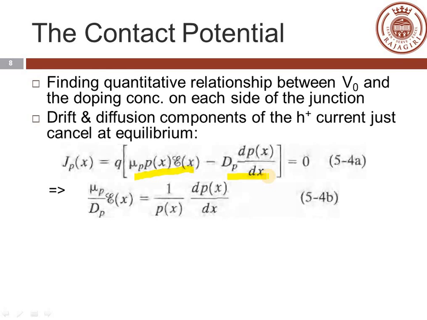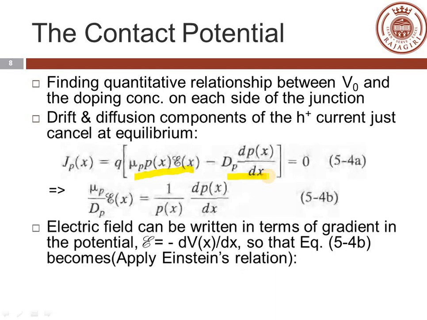So we can rearrange equation 5a like in 5b, that is we can write μp/Dp times E(x) equal to 1/p(x) times dp/dx. The electric field can be written in terms of the gradient in potential, that is E is equal to minus dV/dx.